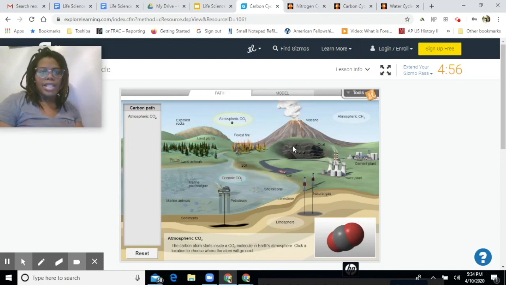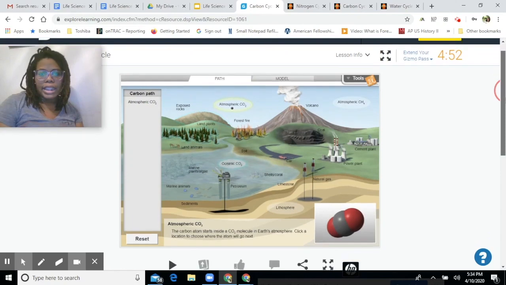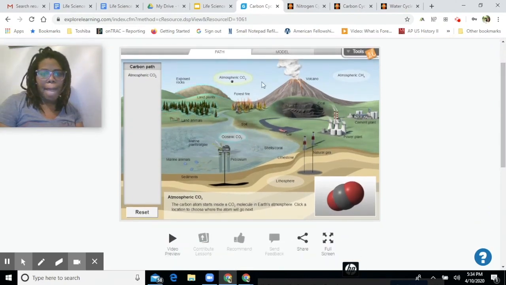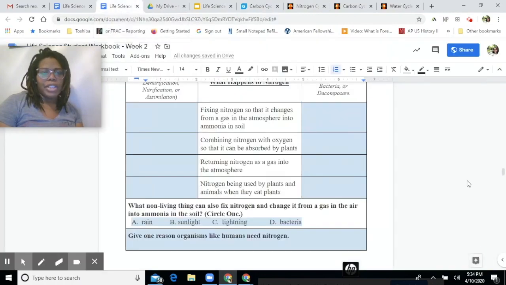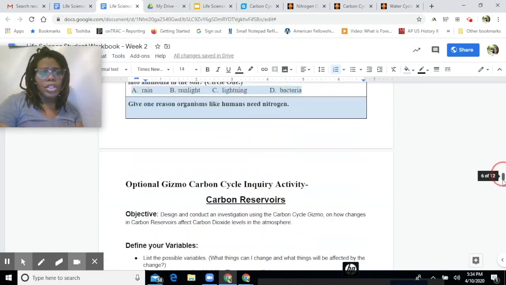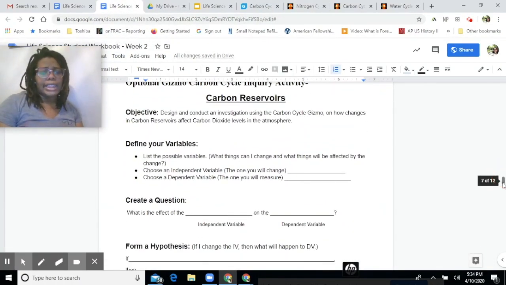Okay. And so you can see that they have lots of different components here. And if you go back to the lab sheet, which is in your workbook, it says list the possible variables. What things can you change? And what will be affected by the change?